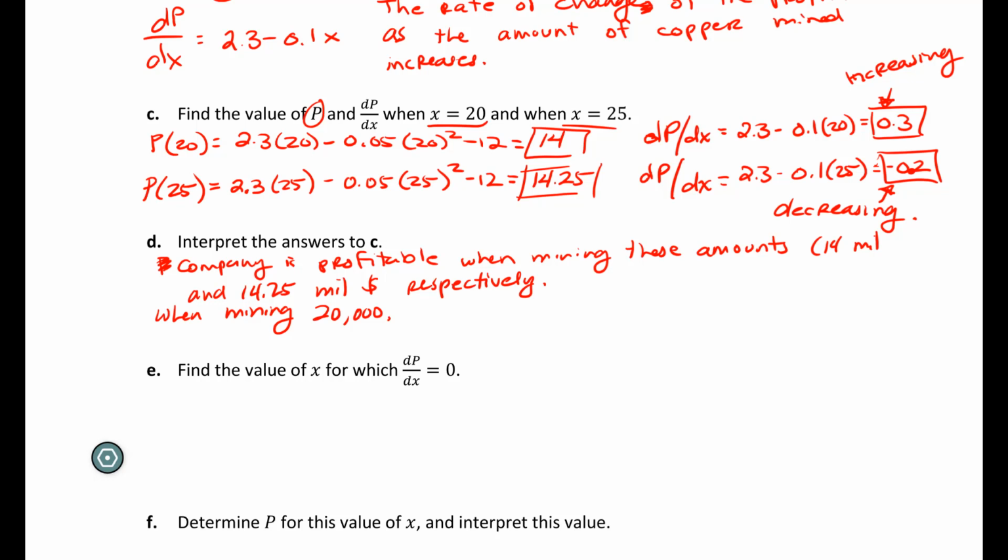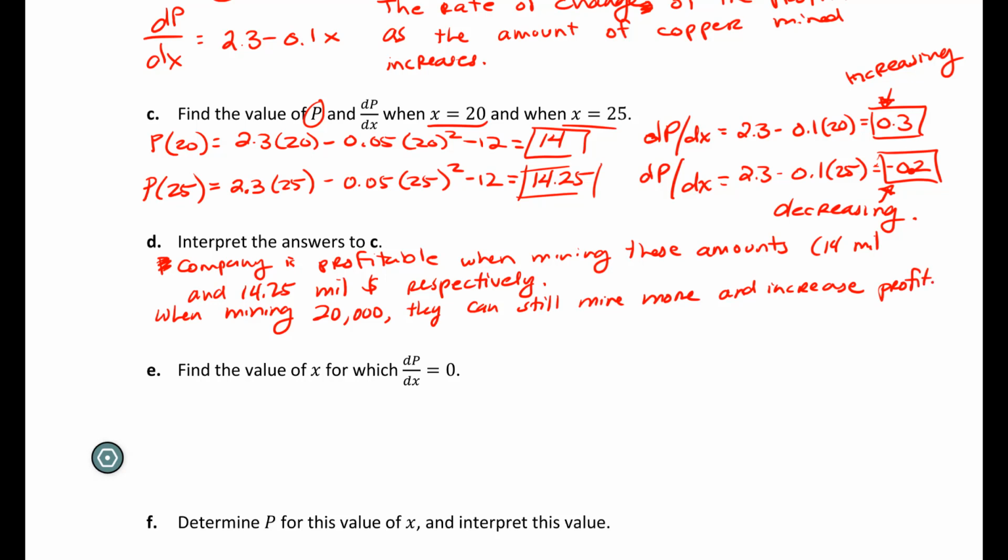So when mining 20,000 tons, they can still mine more and increase their profits. And you'd think, well, yeah, if we're going to be continually mining more and more, we're generating more and more of this valuable material in copper, so why wouldn't our profit increase?